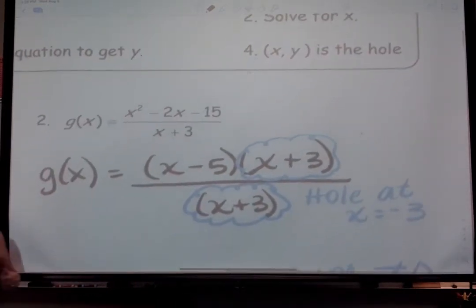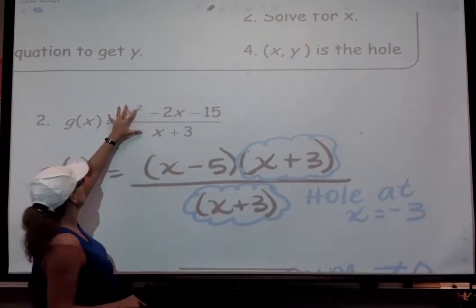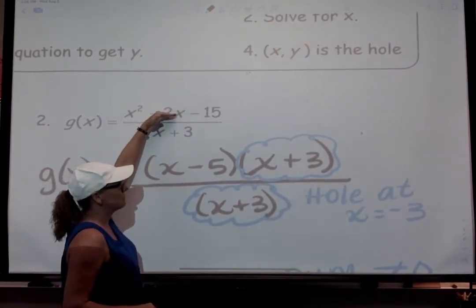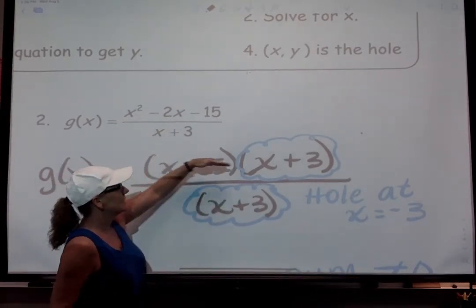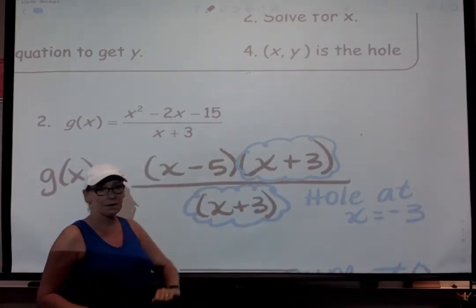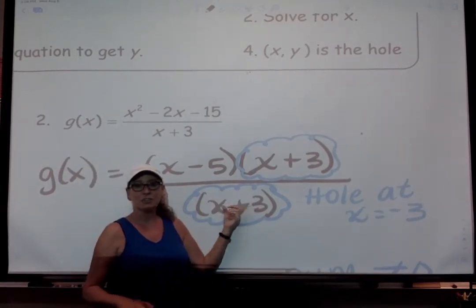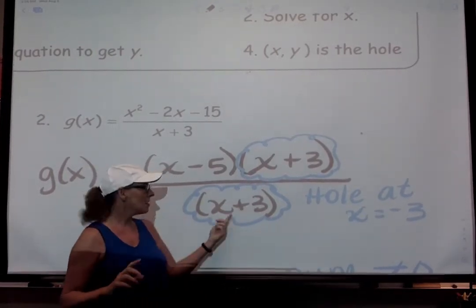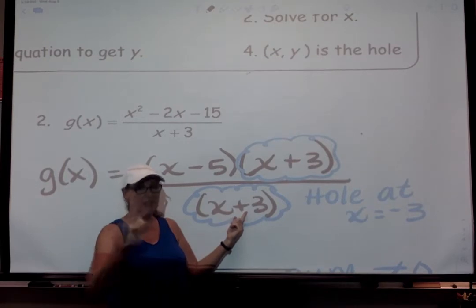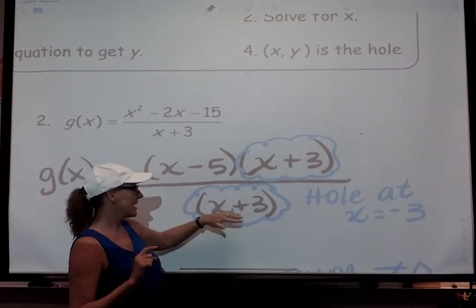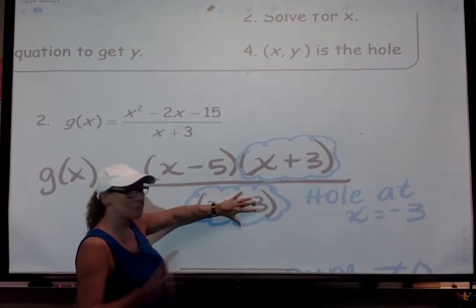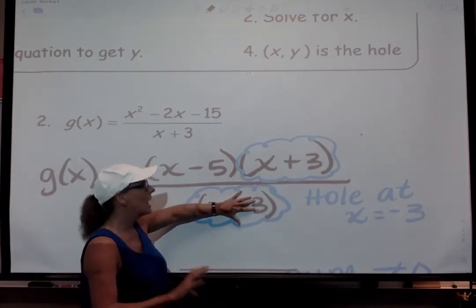Next one. Notice I'm looking at this function named g, has to be in factored form. So the denominator is fine. The numerator I had to factor. If I asked you all, hey, what's the domain? You'd be like, oh, x can't be negative 3. Correct. Why not? Because if x were negative 3, my denominator would be 0.